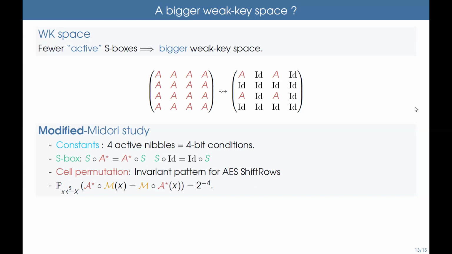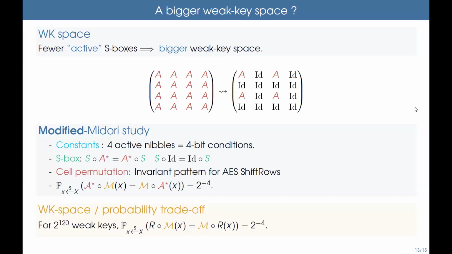And the price to pay is that the commutation with the MixColumns is now probabilistic. So we have a bigger weak key space, but we have a probabilistic distinguisher. And with the independence hypothesis, we can expect to pay 2 to the minus 4 per round.